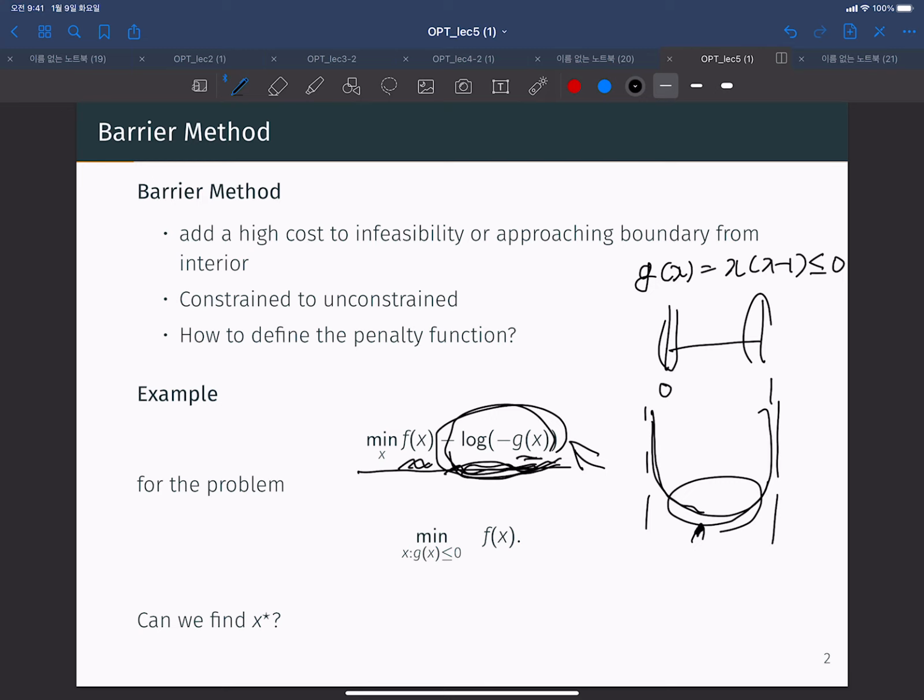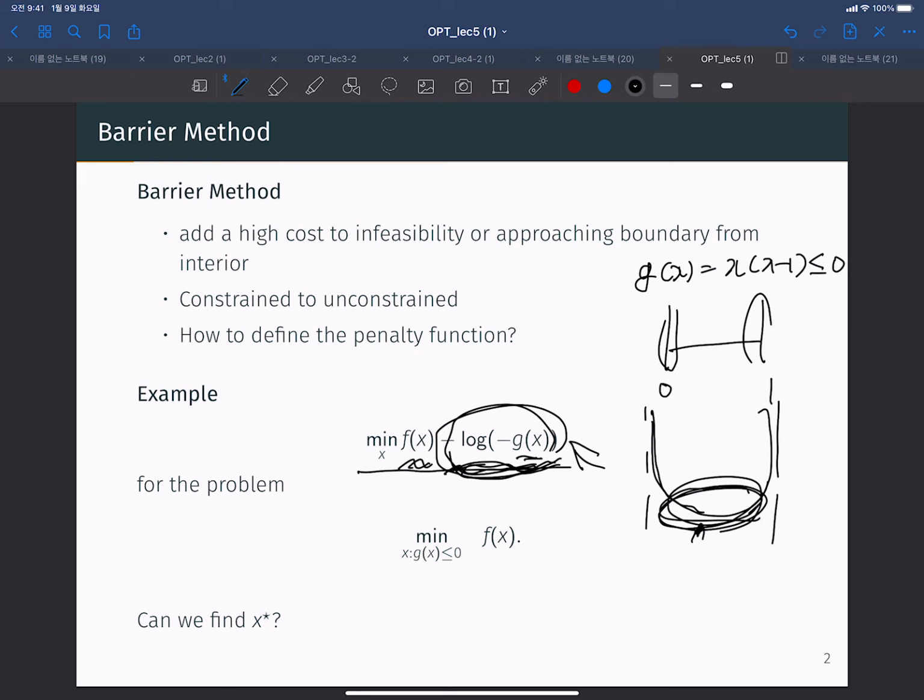Another important factor for the barrier method is that it is good to have a very flat area inside the constraint set. We need to make the barrier function have this flat area.